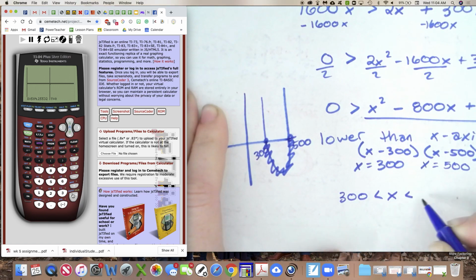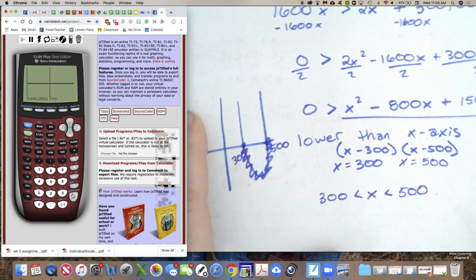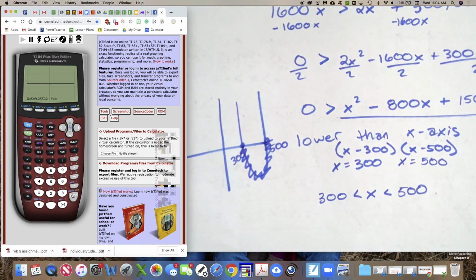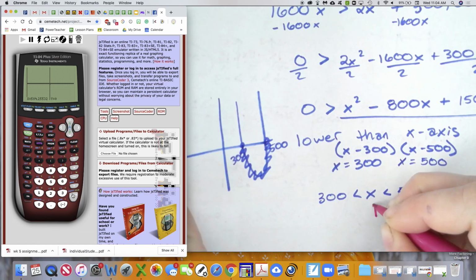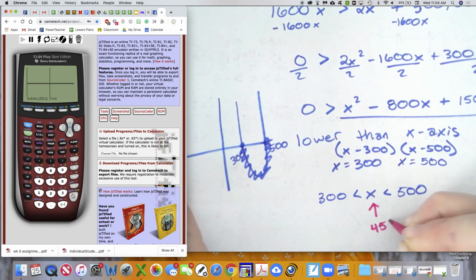Except for the fact that, what did I tell you to keep in the back of your mind? 450 is the max amount I can carry. So can I carry 460 or 470 or 480? No.